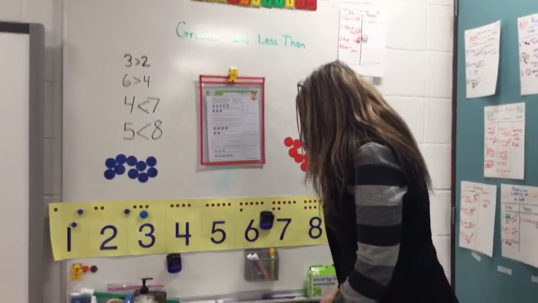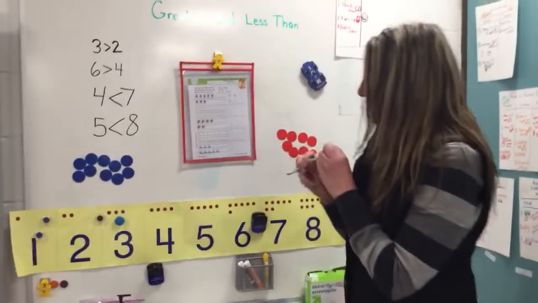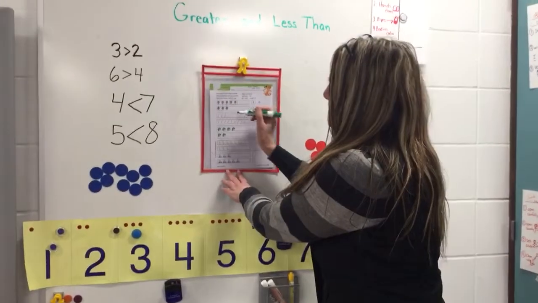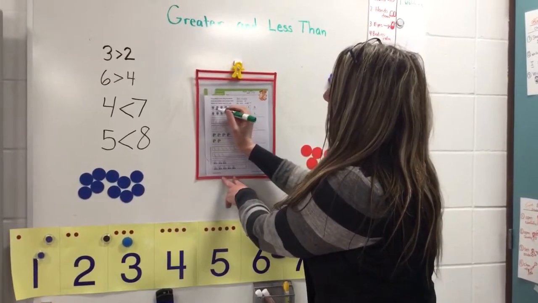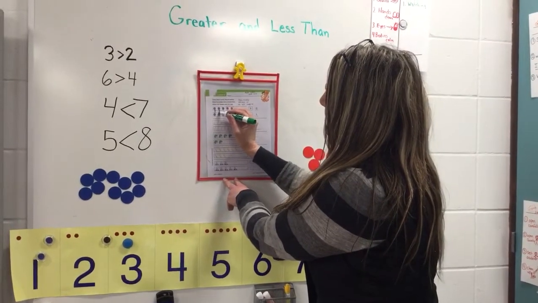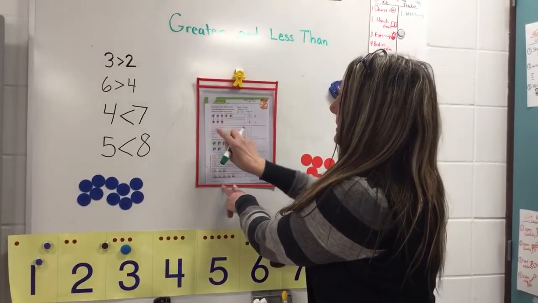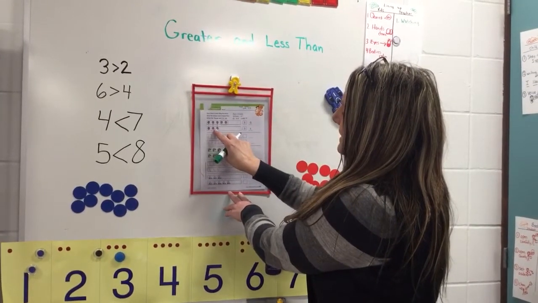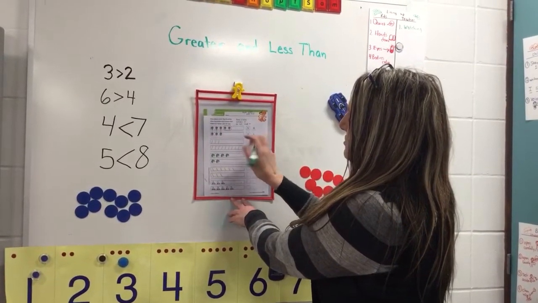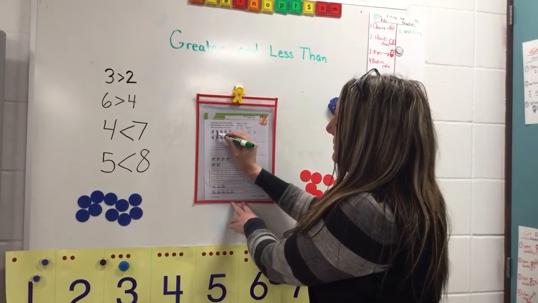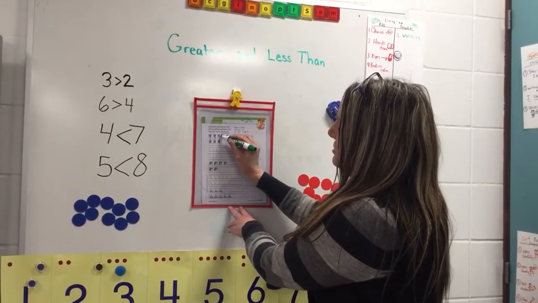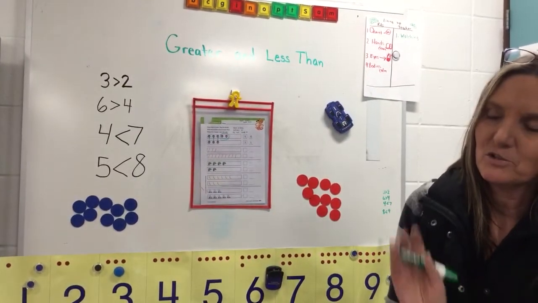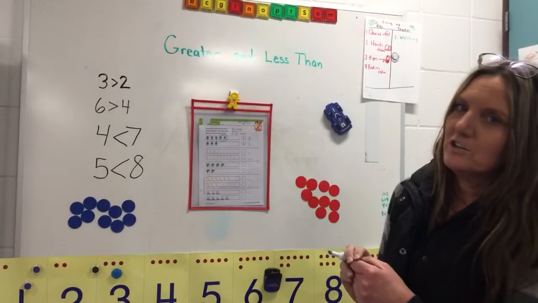I'm going to show you the first few, and I'm going to use the whiteboard marker. I put it in my sleeve. The first one, I think they're flowers. They lined them up like this. Oh, let me start again. They counted how many there were. There's 5. And then they counted how many there were down below. There's 3. They lined them up. And then they circled the extras. Here's what they did. Instead of putting the greater than and less than sign, what do you hear at the beginning of greater?